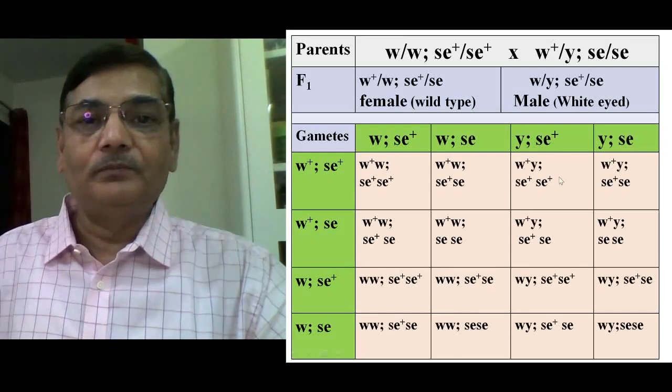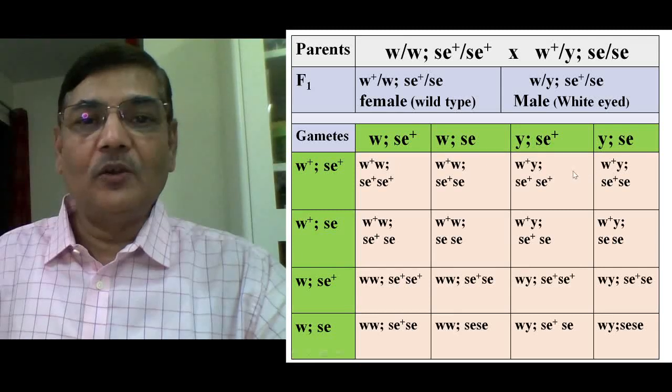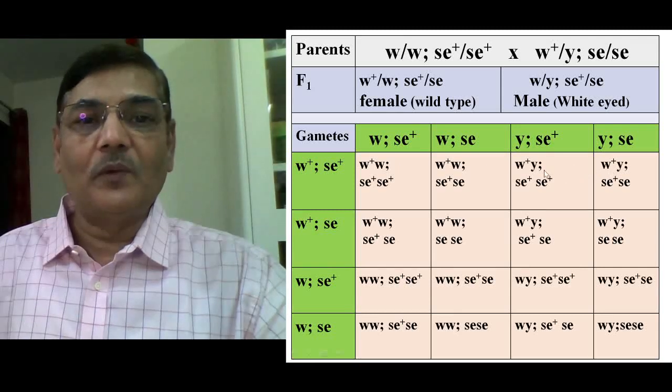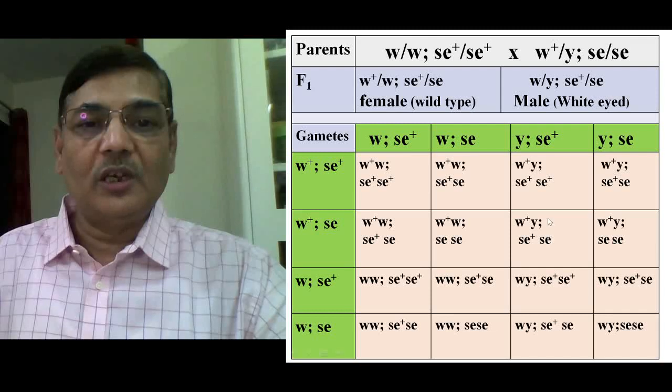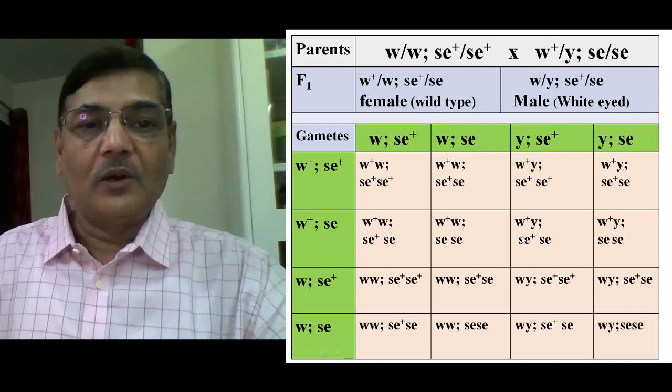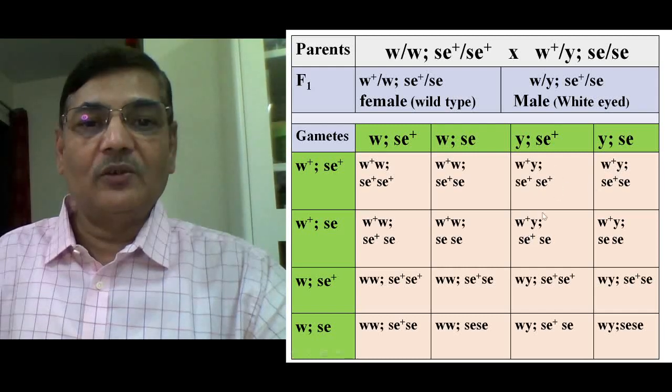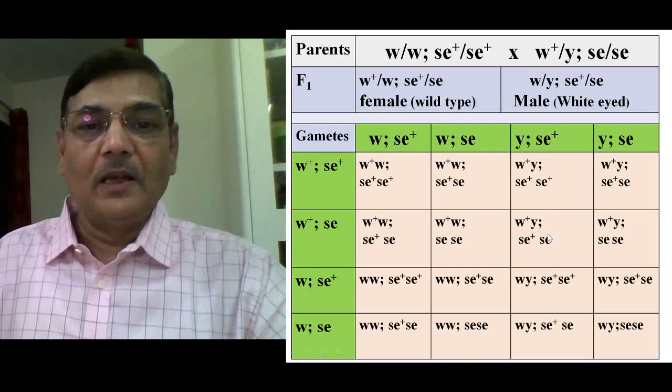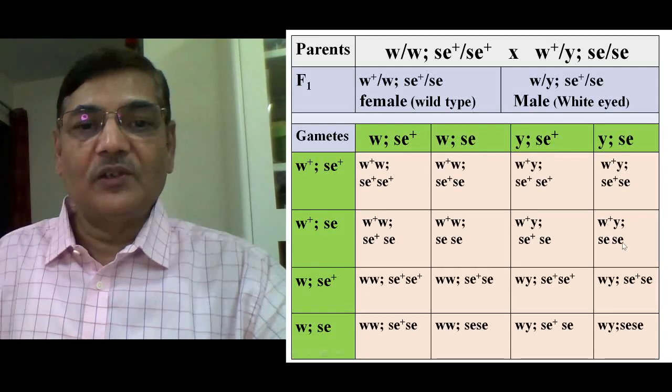Exactly in the same way, in case of male offspring, F2 offspring, you will find that 1, 2, 3. These three males are wild type because they have W plus allele and SC plus. So they are actually red-eyed male. Then this one W plus Y and SC, this is actually Sepia-eyed male.